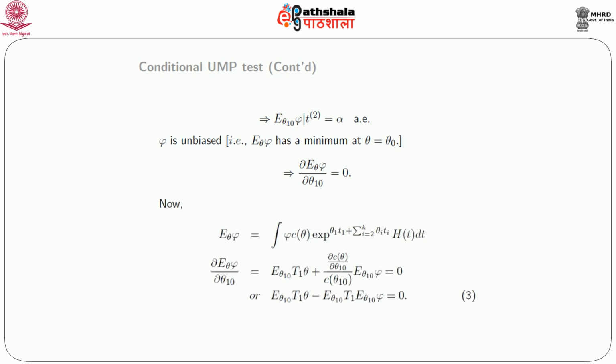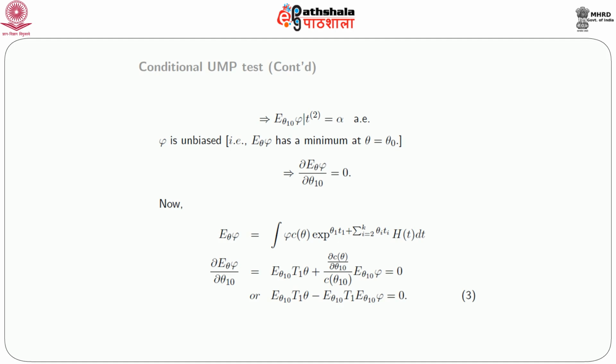Now the expectation of phi is equal to the integral of phi c(theta) exponential of theta 1 t1 plus summation over i from 2 to k of theta_i t_i, h(t) dt, and differentiating with respect to theta 1 naught we get the expectation of t1 phi plus the derivative of c(theta) with respect to theta 1 naught divided by c times the expectation of phi.